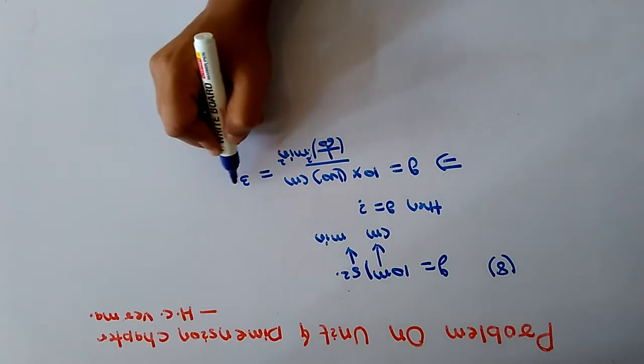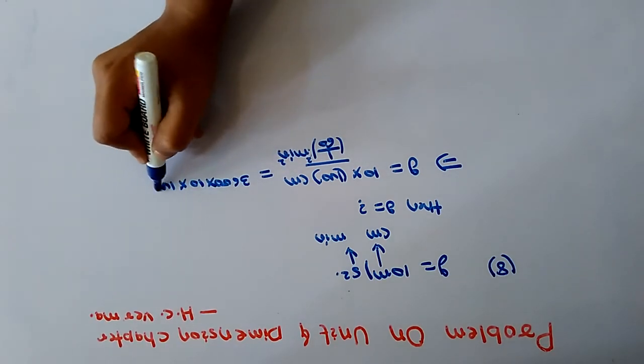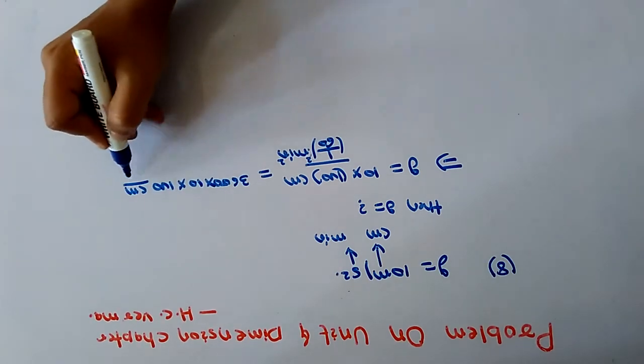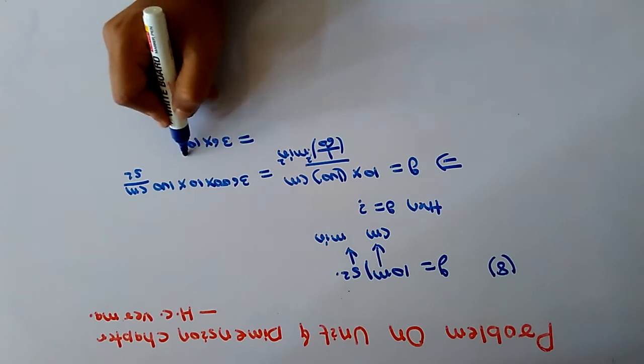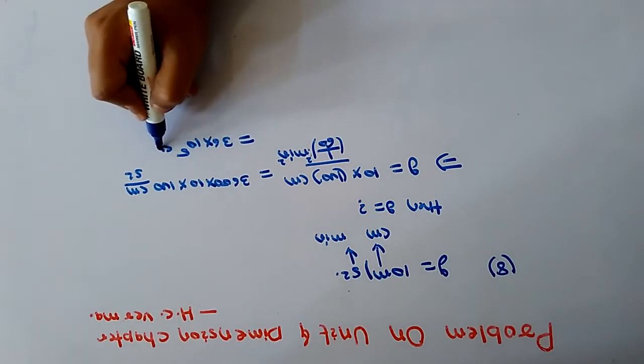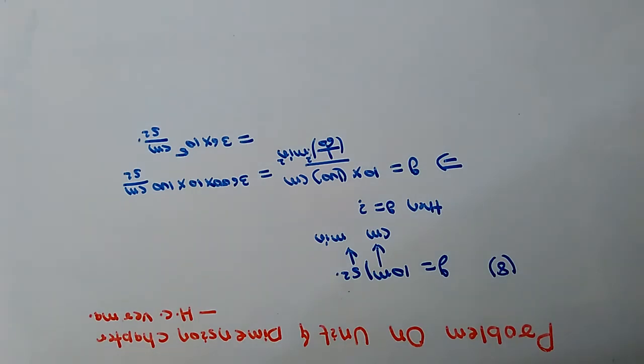So this will be 3600 into 10 into 100 centimeter per minute square.